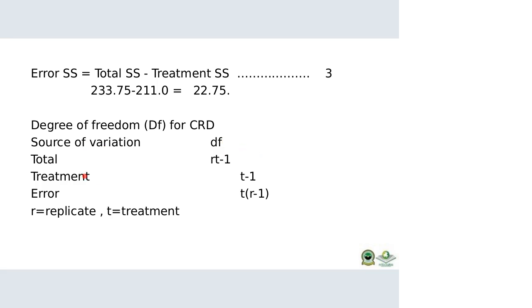Treatment degrees of freedom: the number of treatments is 5 minus 1, that is 4. For error, we multiply treatment by replicate minus 1.